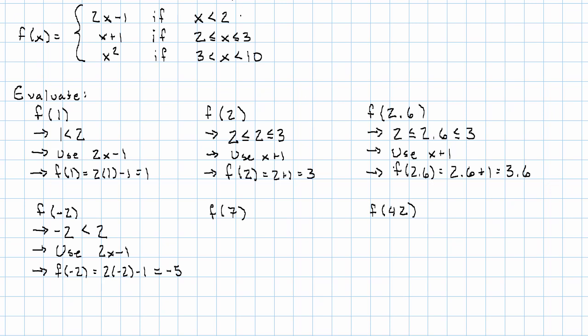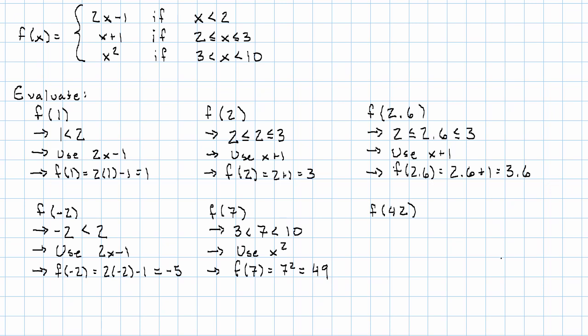What about 7? 7 is not less than 2. It's not between 2 and 3. Oh, but it is between 3 and 10. So that means we use that third expression. So f of 7 is 7 squared. That's 7 times 7 is 49. Again, we can use a calculator for that if we'd like.